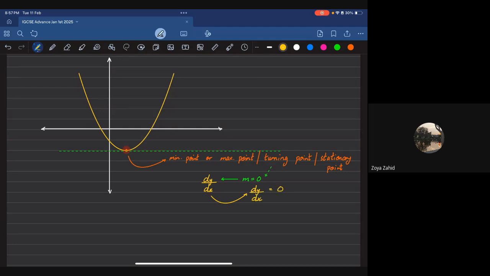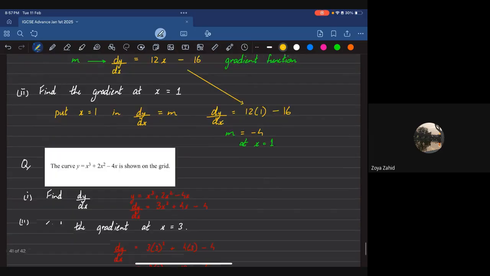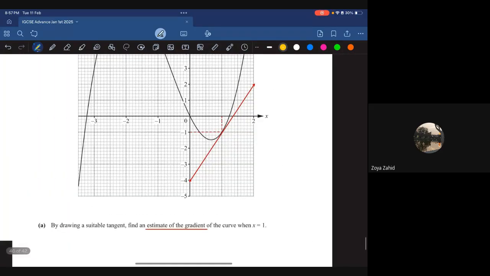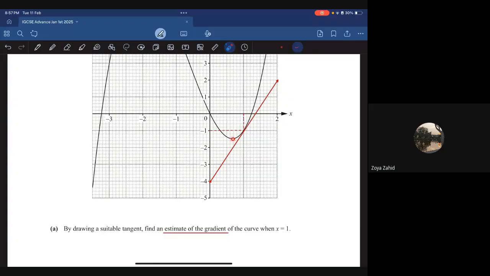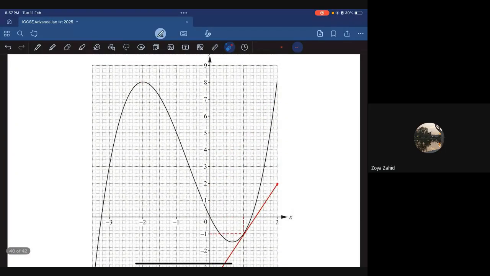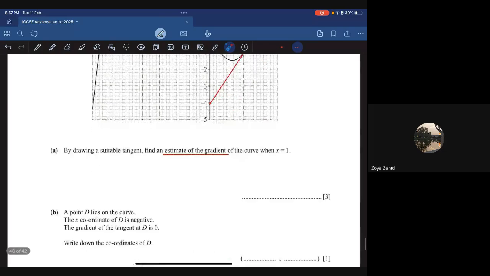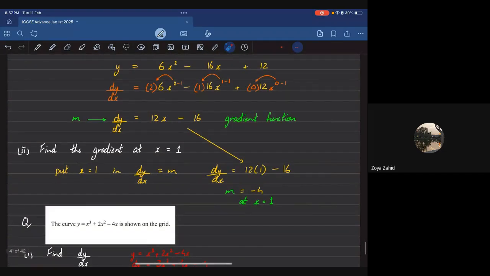So if I want to find the turning point of my graph, like this point or this point, whichever it is, minimum or maximum, I am going to calculate the gradient, which is this, and put it equal to 0. Why?